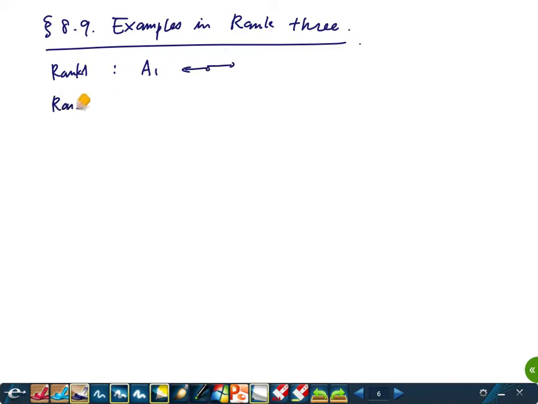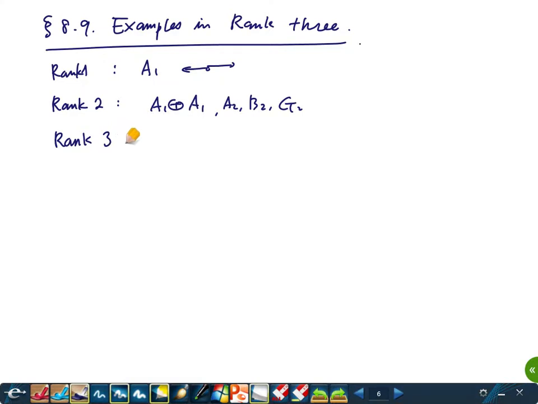Rank 2, we have A1 direct sum A1, or A2, B2, G2. There are 4 possibilities. What about rank 3? Now we want to see all root systems of rank 3.